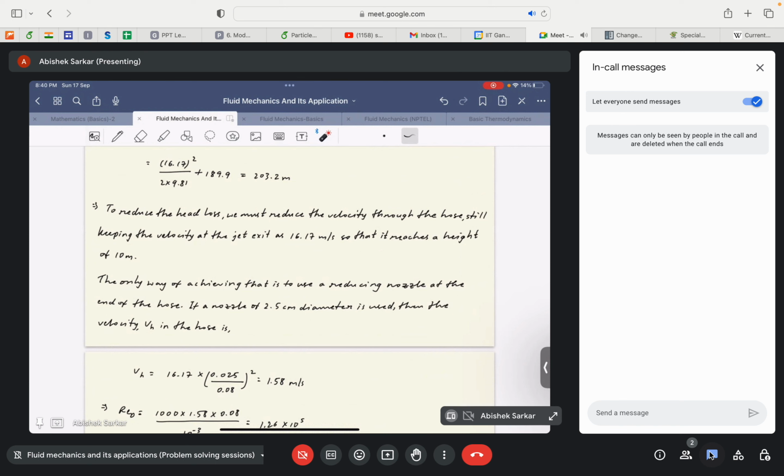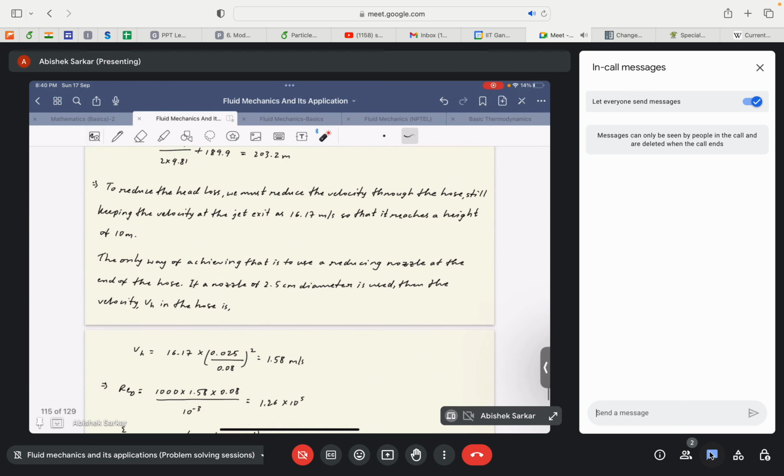So if we take a nozzle of 2.5 centimeter diameter, then the velocity in the hose would be given by 16.17 into (0.025 by 0.08) whole squared, which gives us a velocity in the hose of 1.58 meters per second.